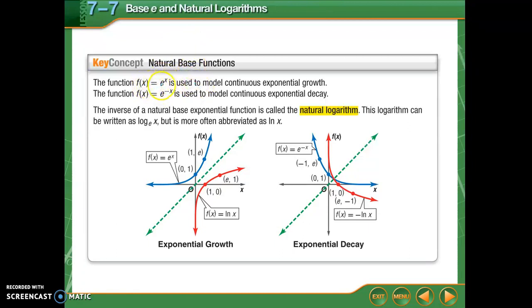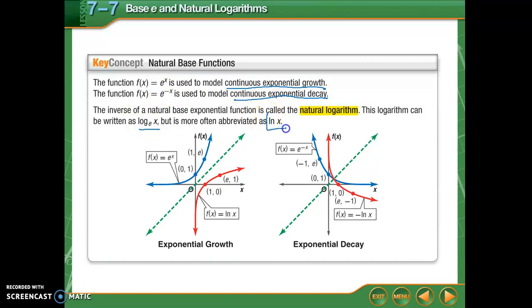So f of x equals e to the x is continuous exponential growth. E to the negative x is continuous exponential decay. And when I take the inverse of the exponential function that has the base e, I get a logarithmic function with base e, log base e of x. But this is important.